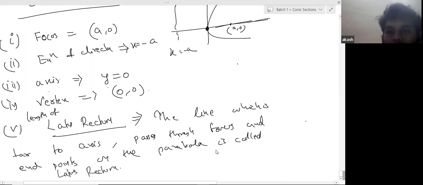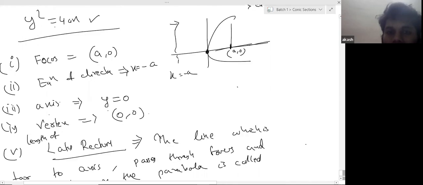All right. A line that passes through the focus, perpendicular to the axis and having endpoints on the parabola is called latus rectum. Write down the definition.